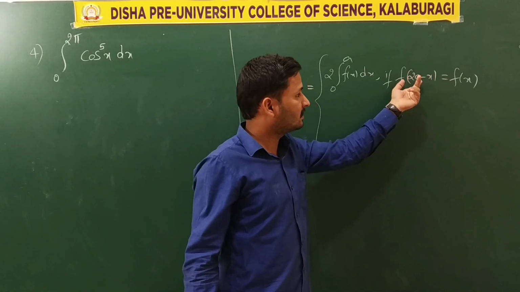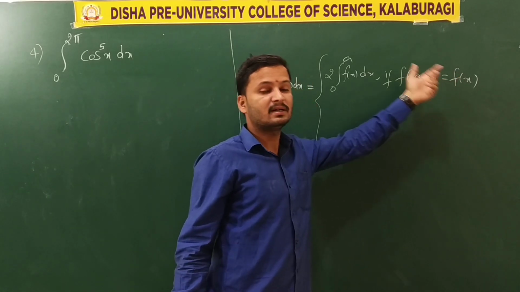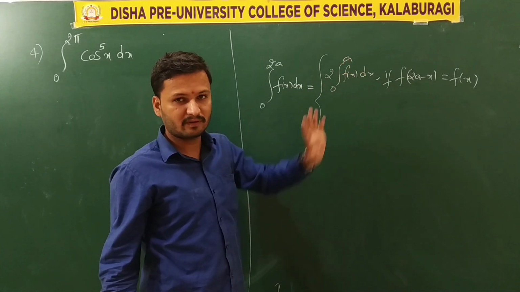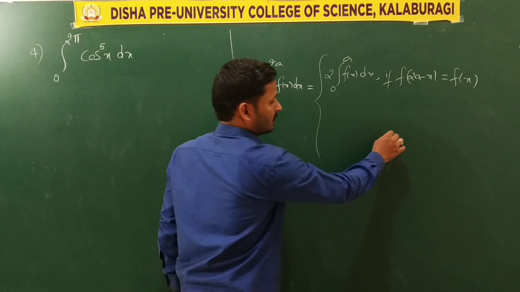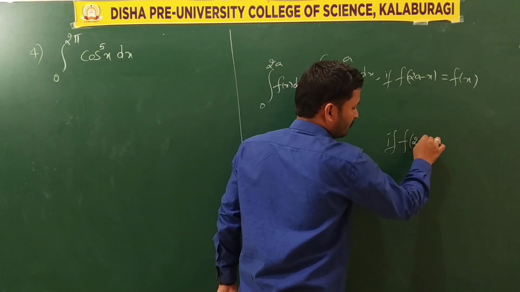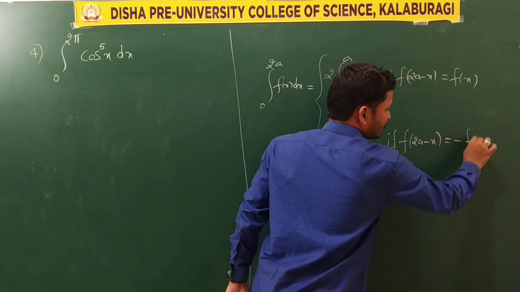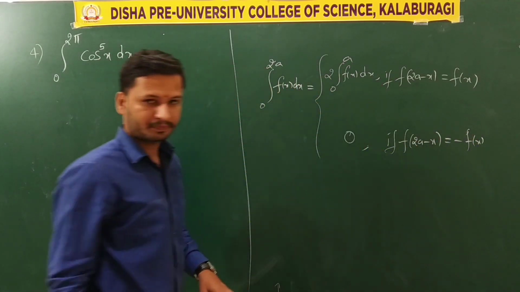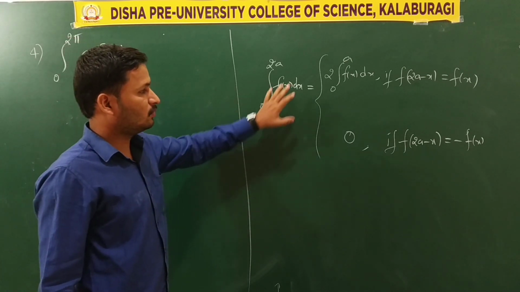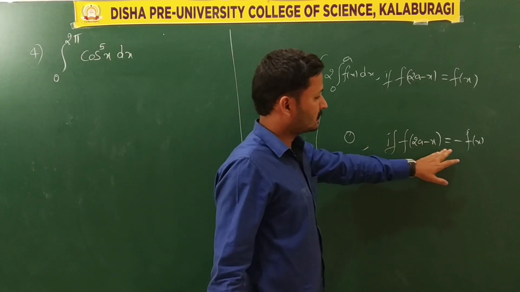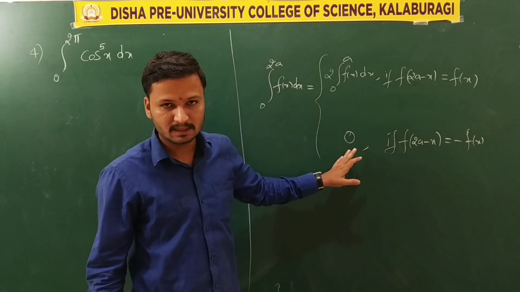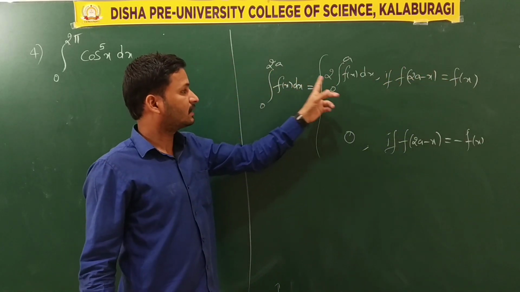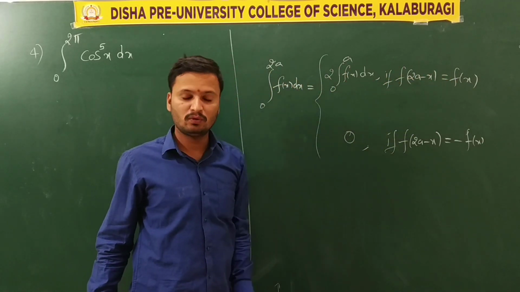That means if f of 2a minus x is equal to f of x, then the value of the integral is 2 times the integral of 0 to a f of x into dx. If f of 2a minus x is equal to minus f of x, then the value of the integral is 0. So there are two possibilities.